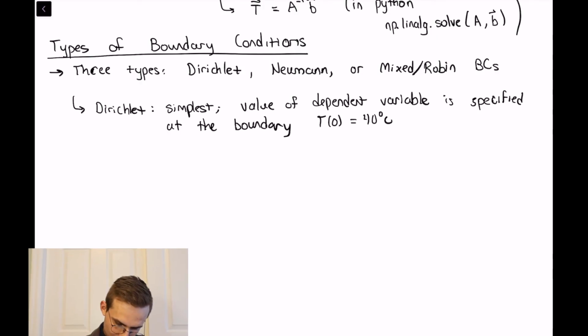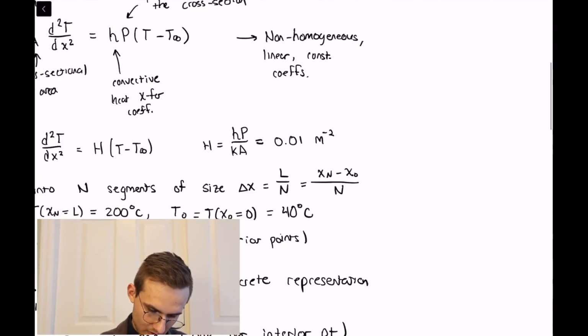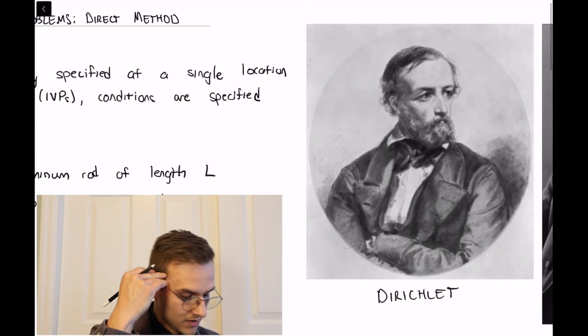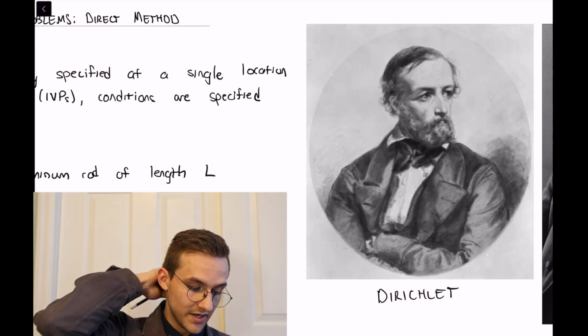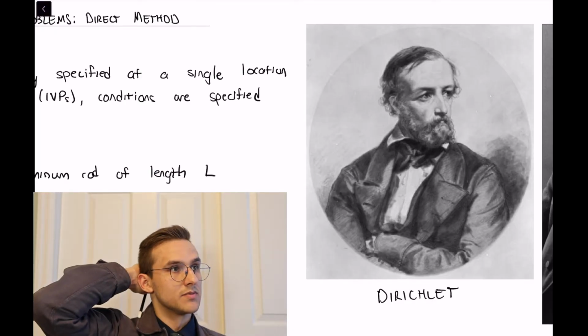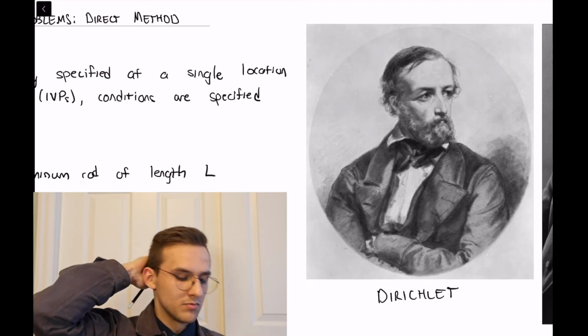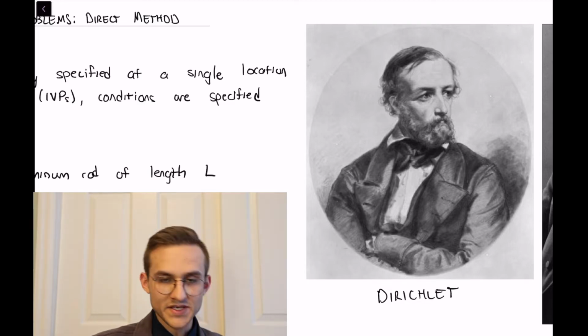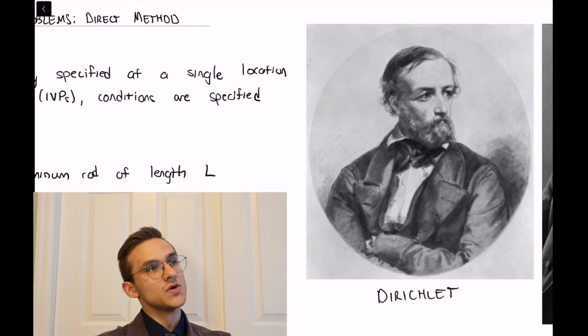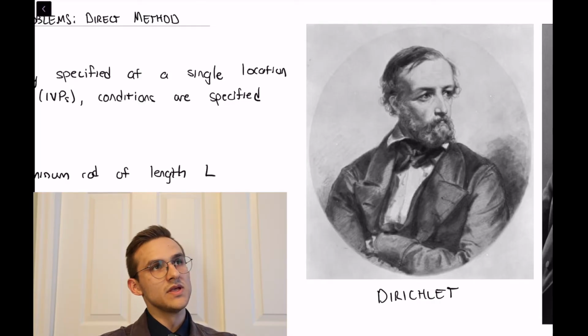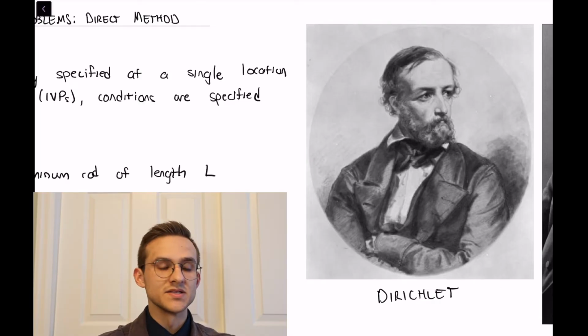Now, actually, I think I included a picture of Dirichlet here. So Dirichlet is an interesting guy. Early in his career, he actually studied under George Ohm, who was of Ohm's law fame. And then he went and traveled to Paris. And when he was about 20 years old, he produced a proof for a special case of Fermat's last theorem.